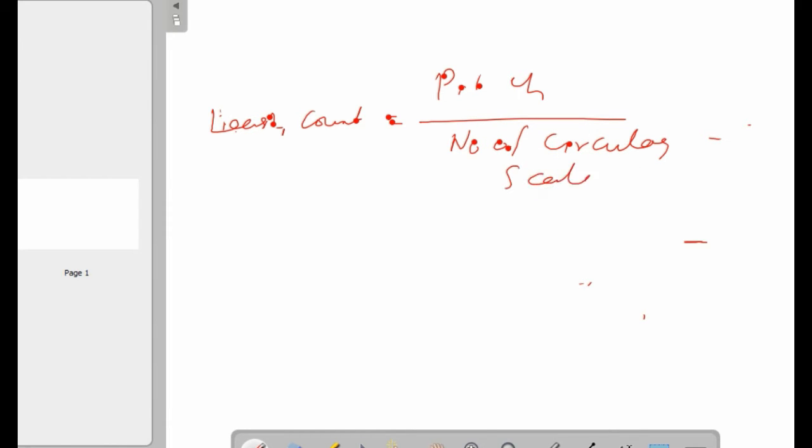Pitch, we all know, we got 0.5 millimeter. Number of circular scale divisions is 50. That is, for one rotation, it is divided into 50 divisions.